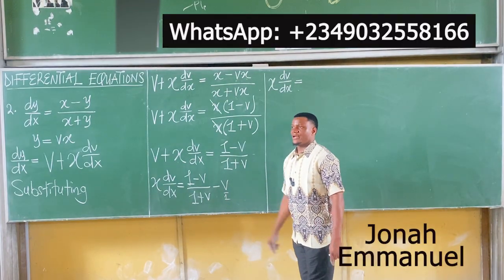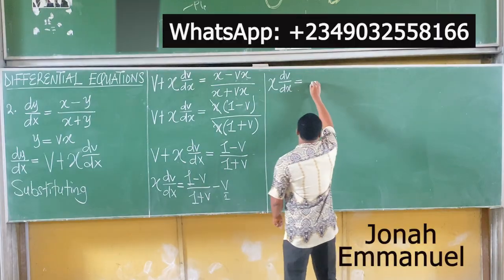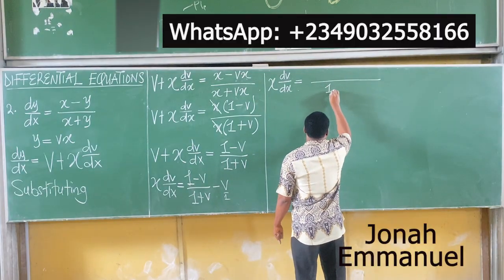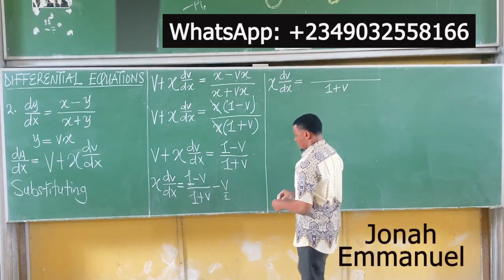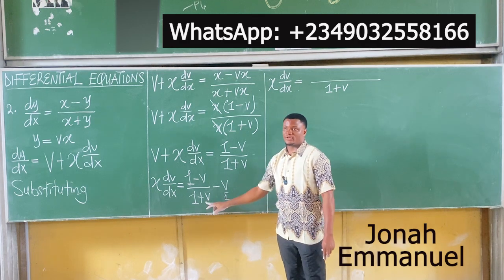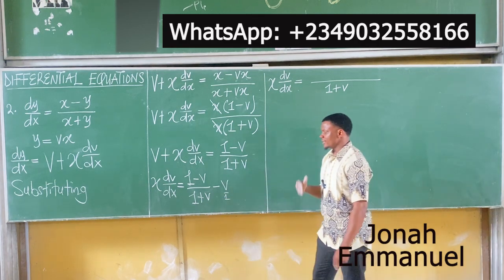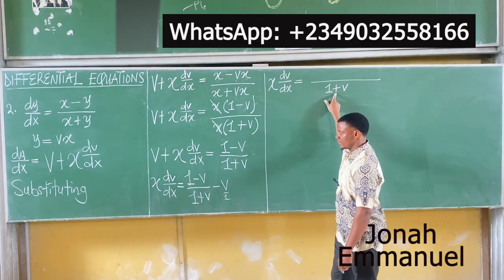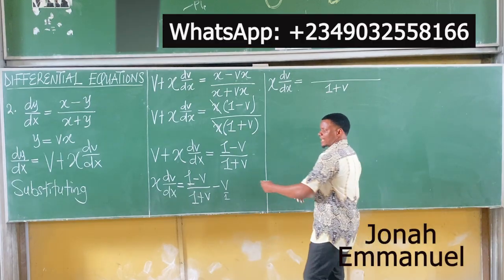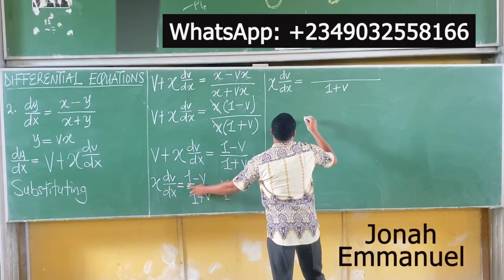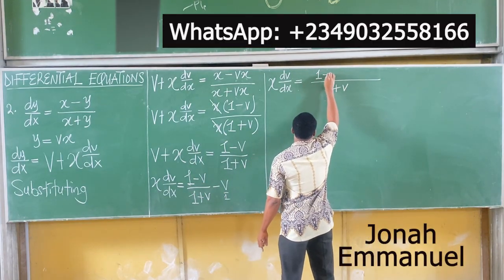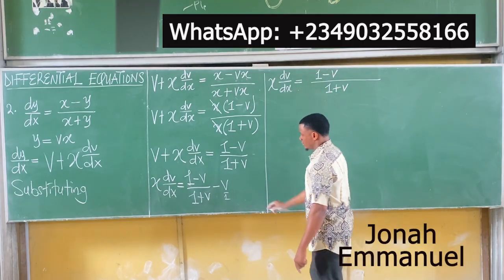If I take the LCM, the LCM of 1 plus v and 1 is 1 plus v. 1 plus v divided by 1 plus v gives you 1. 1 times the numerator, 1 times 1 minus v, gives you 1 minus v. I'm done.